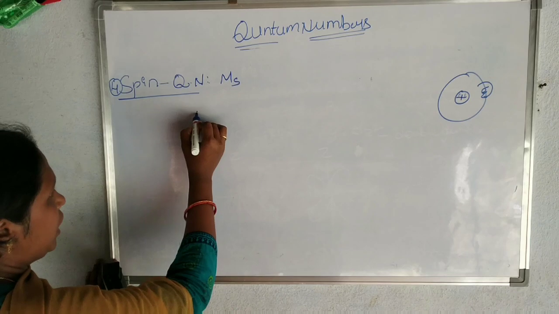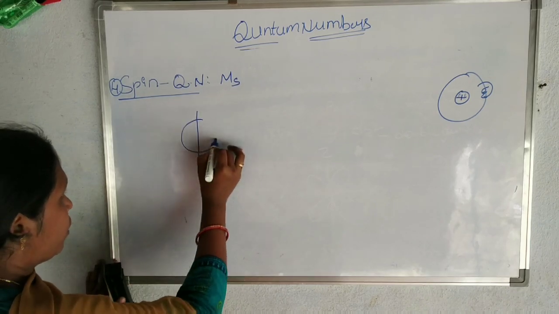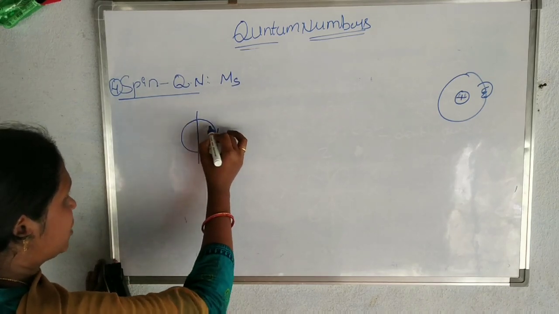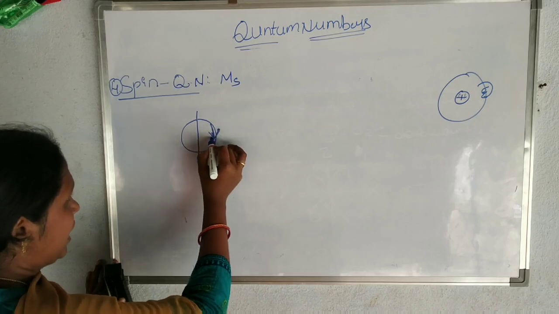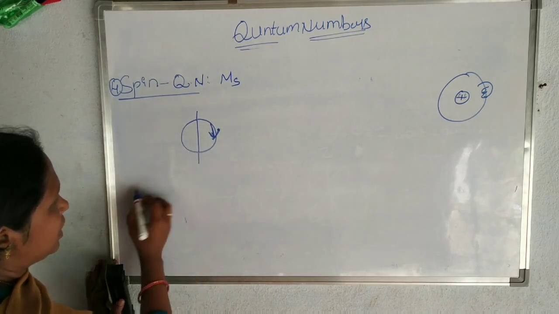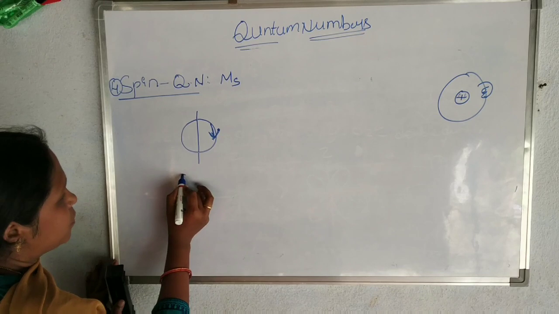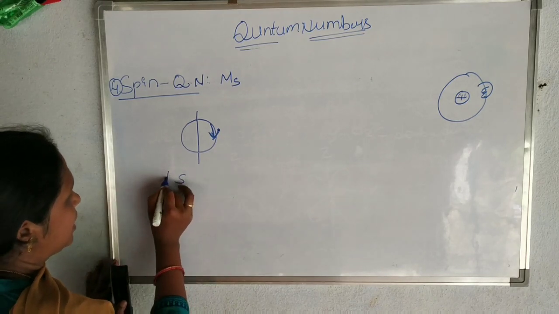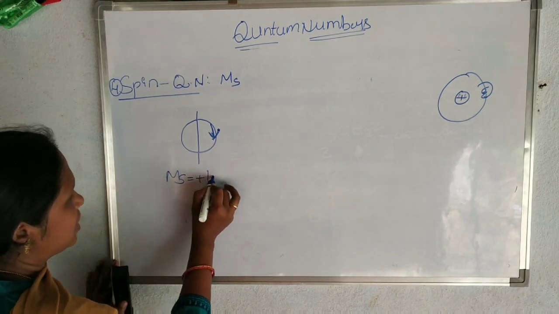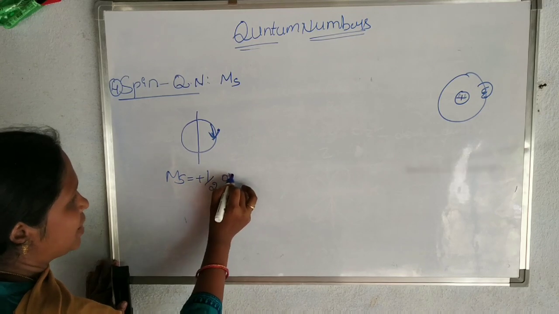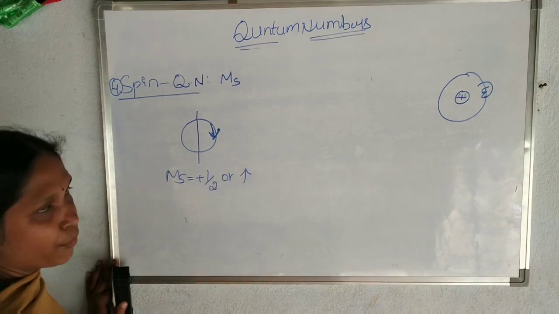So if an electron rotates in a clockwise direction, we will say it is a spin. ms has a value plus half, or it is also indicated with an upward arrow.